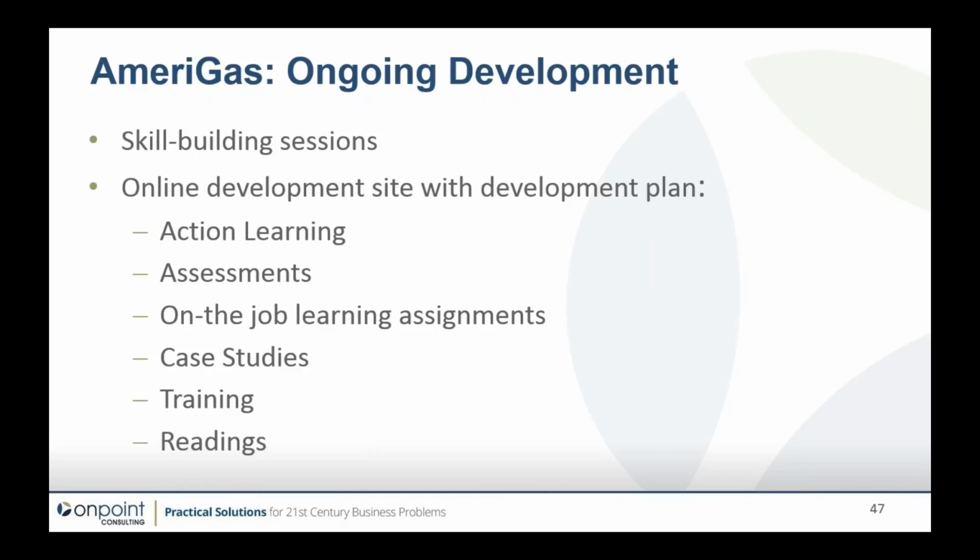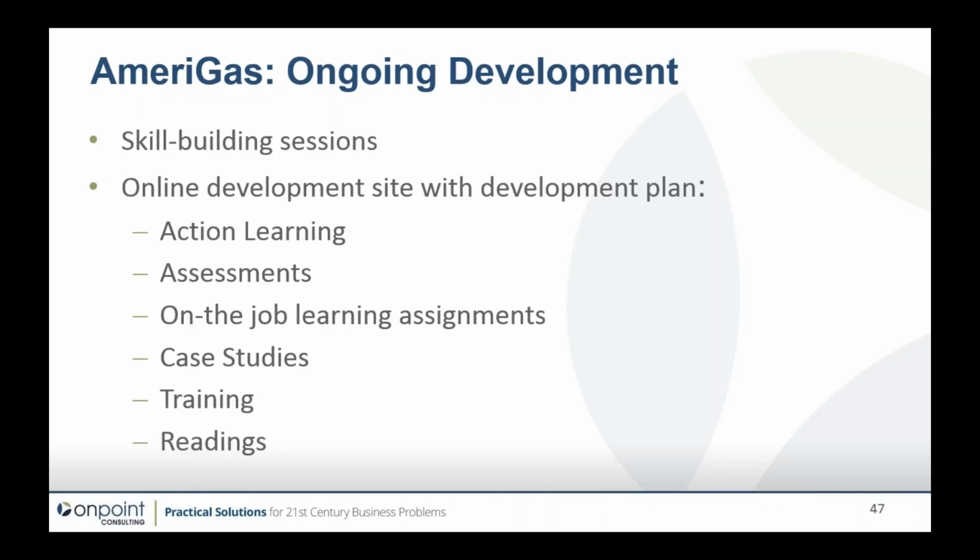So for AmeriGas, we had the 3 skill building sessions, and they set up a platform for online development. So there was intersession work with action learning. They had additional assessments around specific style like influencing skills, decision-making skills, communication skill assessments, on-the-job learning assignments as well.